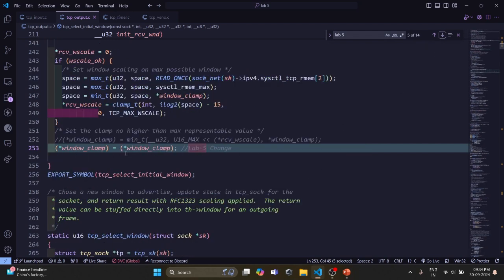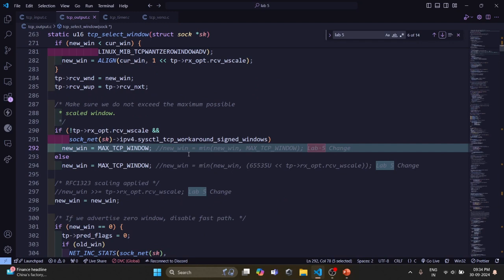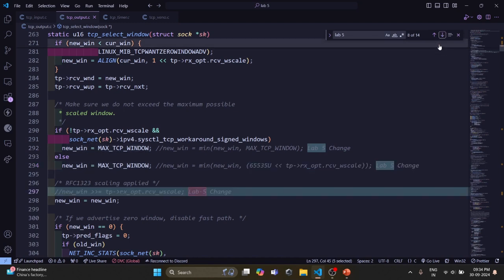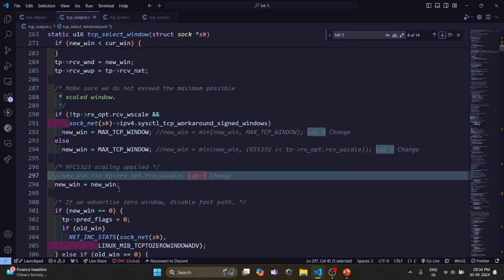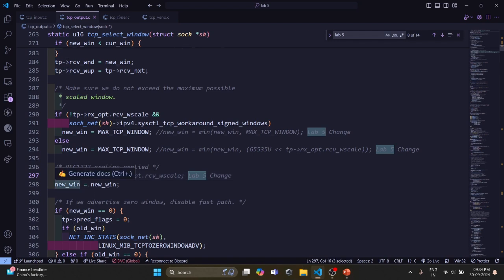This is the other change. Again, instead of getting the minimum, we directly send it. So this is the other change over here as well. Instead of doing a right bit shift, we are not doing any bit shift and giving the same value.